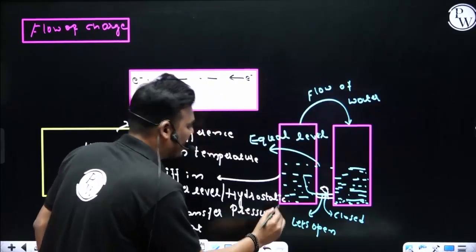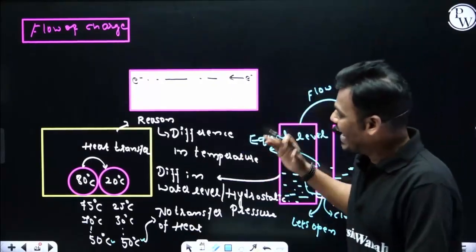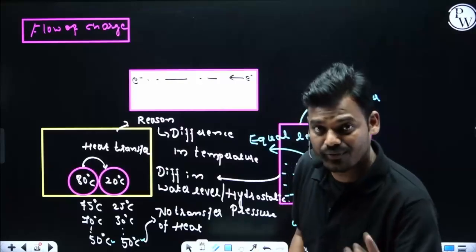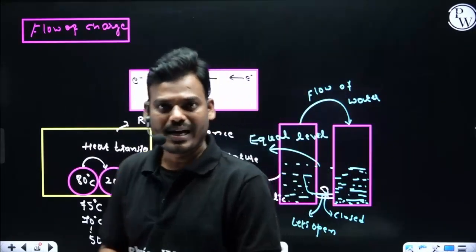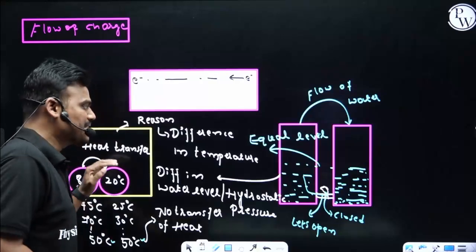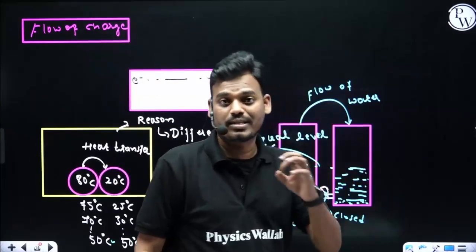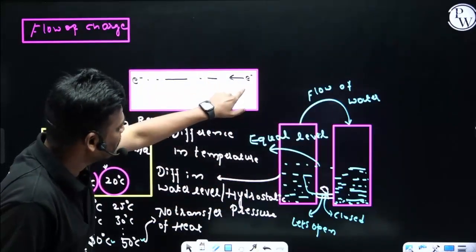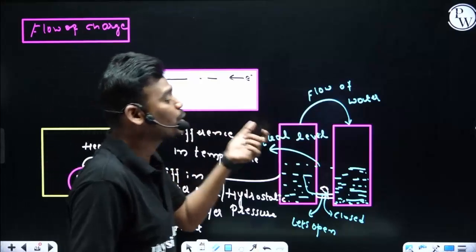Hydrostatic pressure. So to flow anything, be it heat or a transfer of some quantity, there must be a difference. In this case, there is a difference in temperature. In this case, there is a difference in hydrostatic pressure. At the same time, if electrons have to move from one end to another end, what should be the difference?